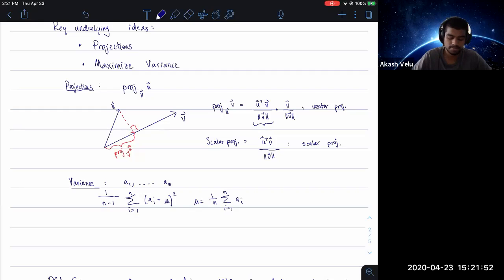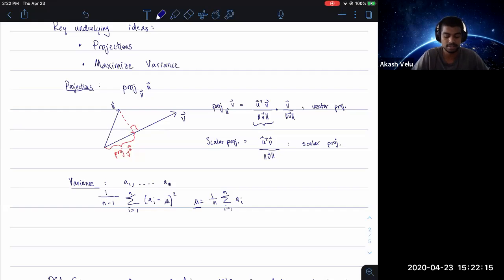Okay, so let's look at this formula and understand a little bit the intuition. The mean is fixed, right? So if we're given a set of points, they have a fixed mean. And what we're doing is we're taking each point and looking at how far away in an absolute sense it is. So we don't really care about the direction or the sign. We just care about how far away each point is from the mean.